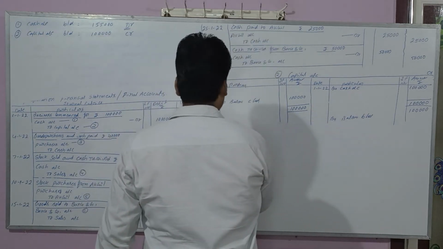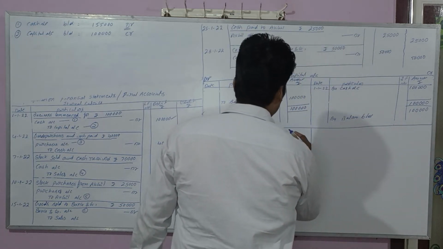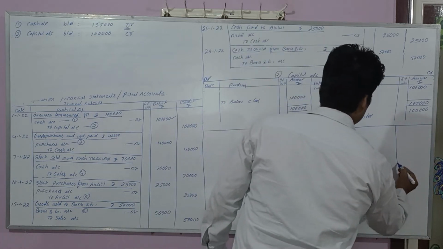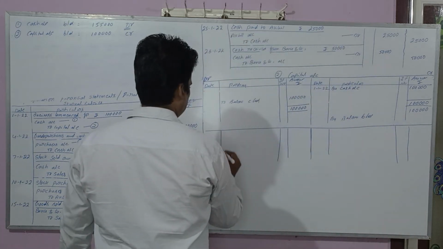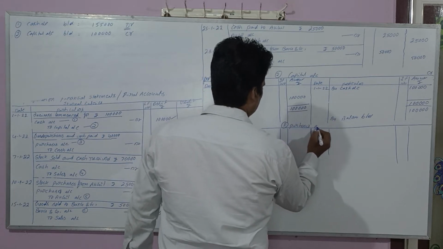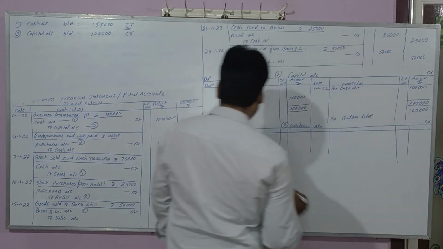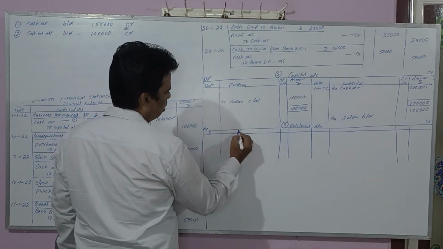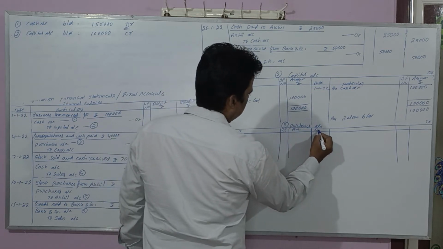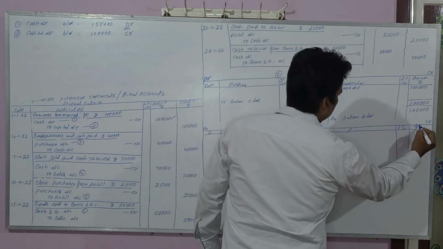The headings are the same: first debit, particulars, JF number, amount rupees, date, particulars, JF number, amount rupees, like that.